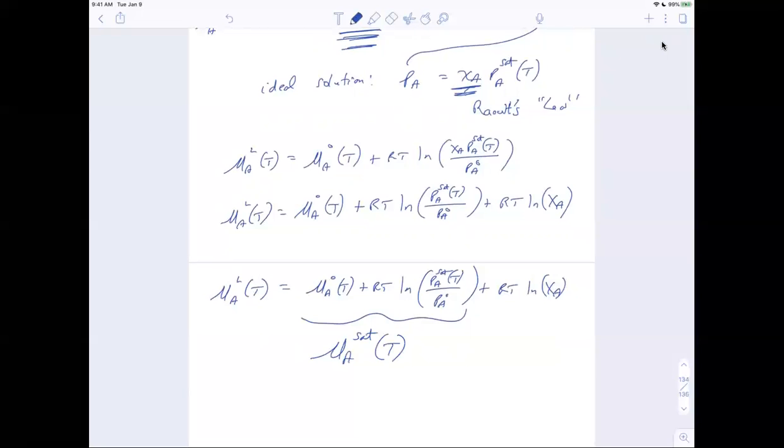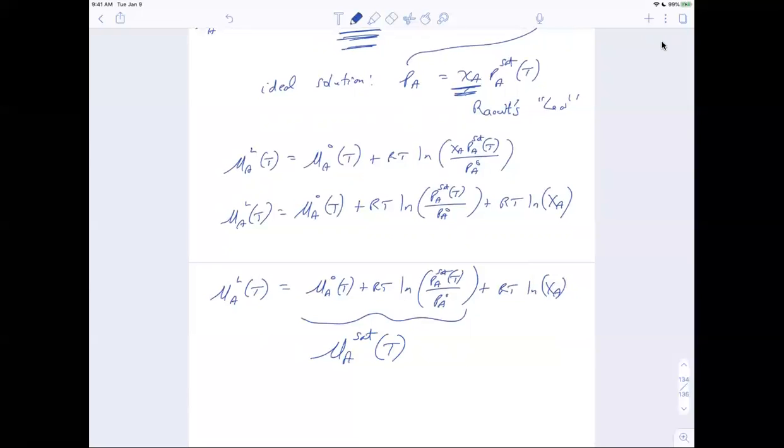Remember, when we think about the chemical potential of a particular species, there's always going to be this sequence, right? There's going to be a reference state chemical potential plus anything that takes your system from that reference state to whatever other state it is.